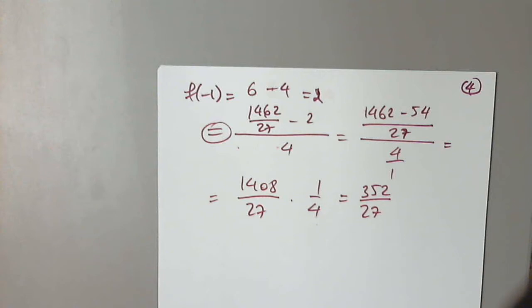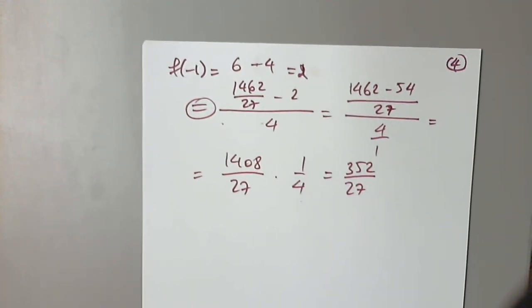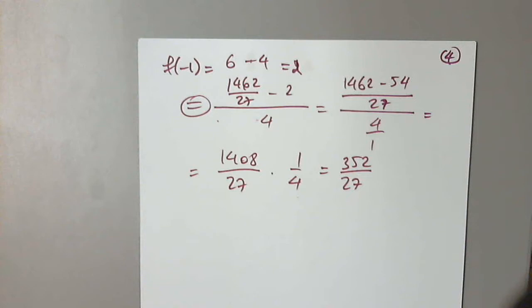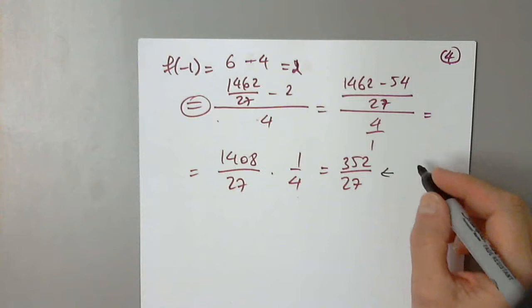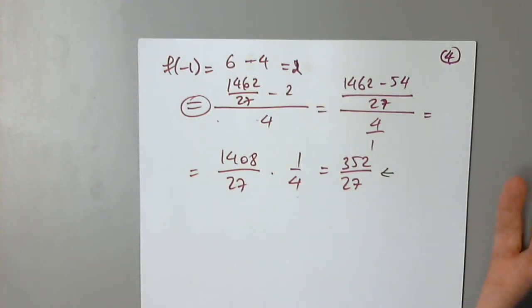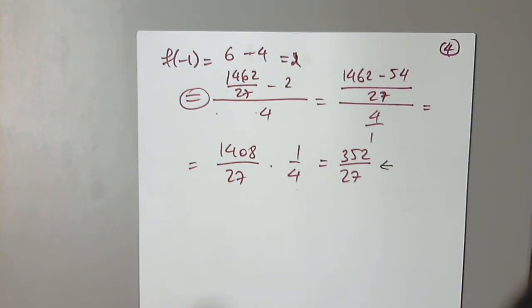I want to caution you on, in this particular case, the function was abstract. X was abstract. It didn't have any specific meaning. But always remember, there must be a measurement unit here. When we're looking at a word problem, if you're calling me and you're asking me, what are you doing? I'm saying I'm driving, and you're asking me, what is your speed? I'm not going to say that I'm driving at 40 miles. That's the rate of change of distance with respect to time. But I would say that I'm driving at 40 miles per hour. So the rate of change, remember, has 2 measurement units.